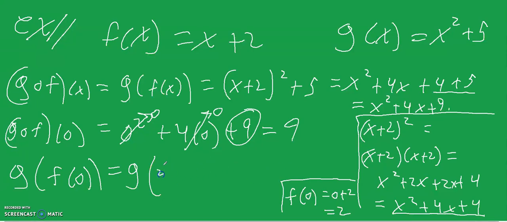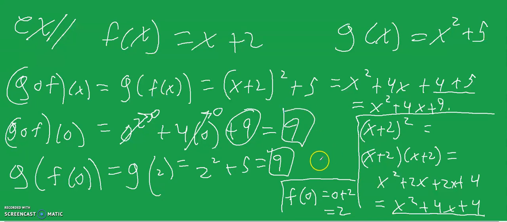So now that's g of 2. And my g function is up here, right? So I do 2 squared plus 5, and I get 9. So either way works, just whatever is easier for you. Doesn't really matter because it's the same thing.